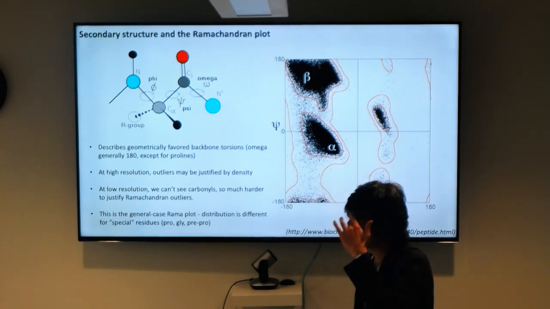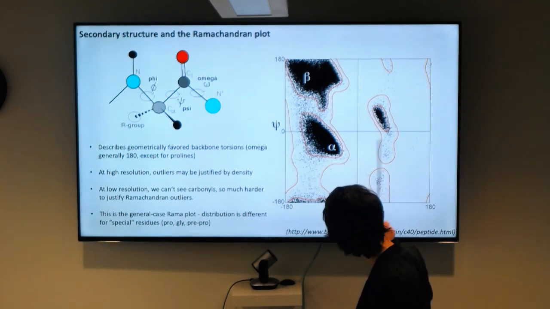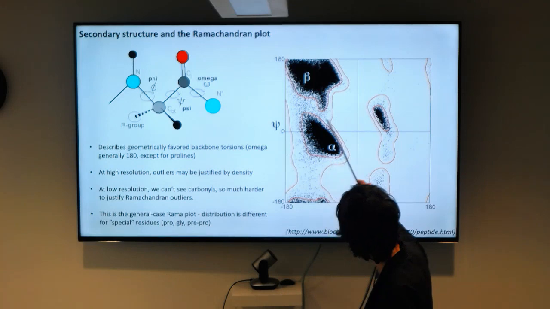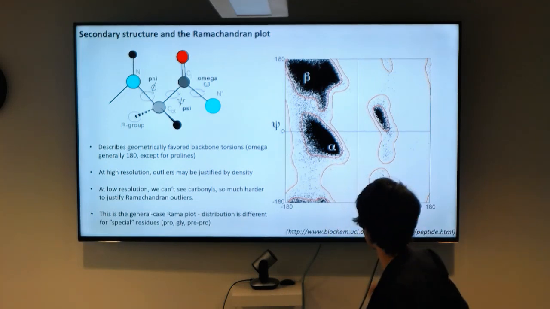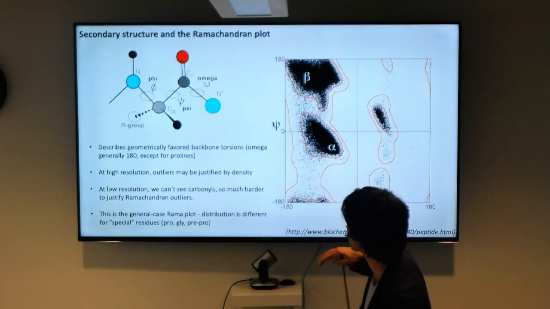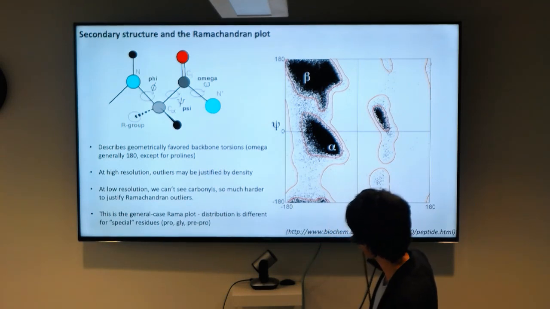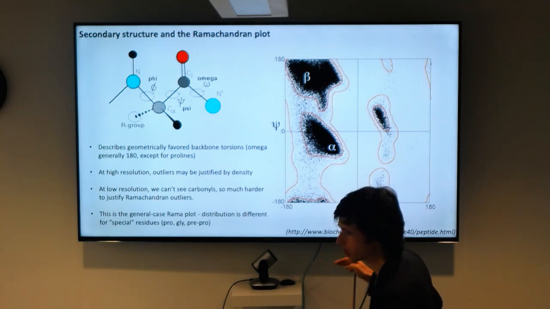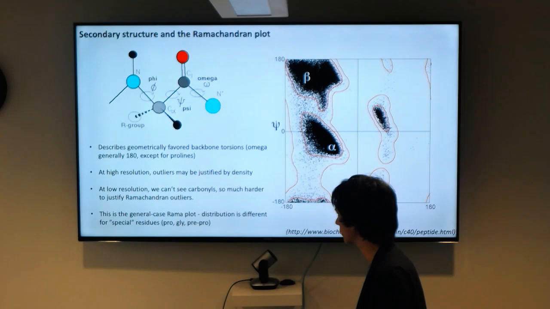You can see that there are 2 main clusters in the Ramachandran plot, or 3 if you count the one over here: your alpha helical residues, your beta sheet residues, and then your left-handed alpha helices, and they contain a few loops in there as well. This is the Ramachandran plot for the general case. There are more specific cases for unusual things like prolines, glycines, residues before prolines, etc., that vary slightly.